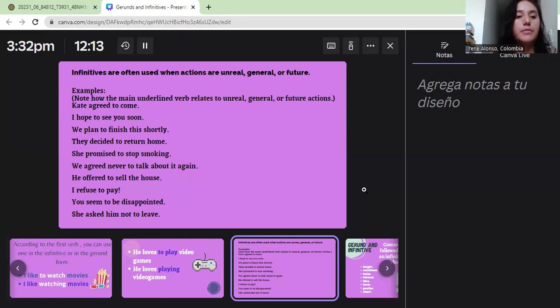For example, I hope to see you tomorrow. This is for the future. Kate agreed to come. This is something general. And they decided to return home. This is something general. She promised to stop smoking, maybe something for the future.